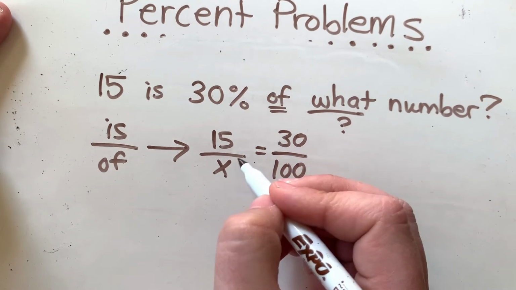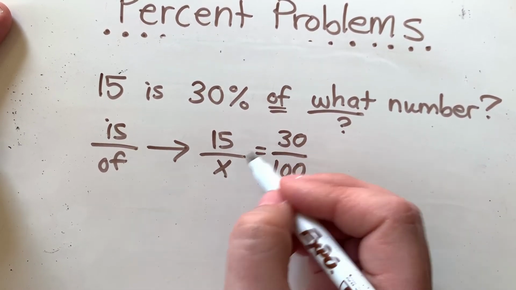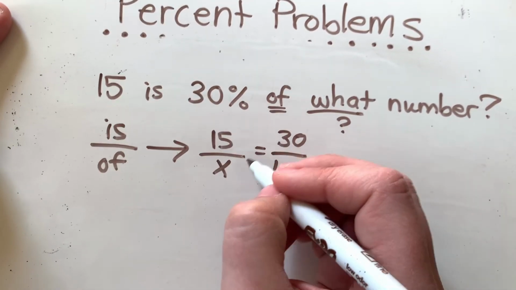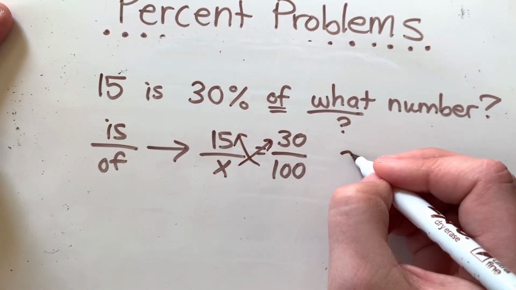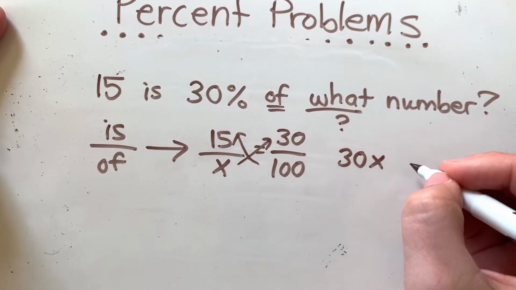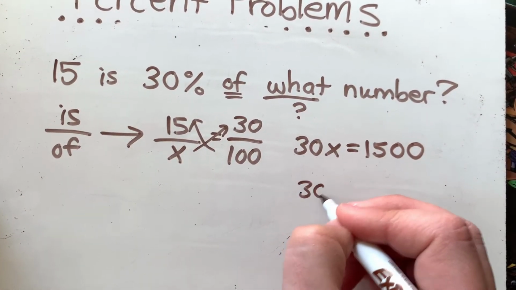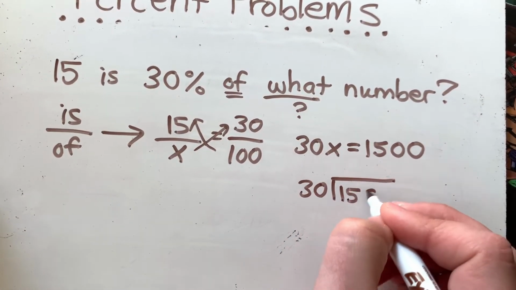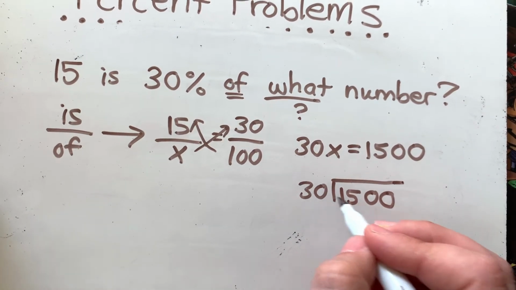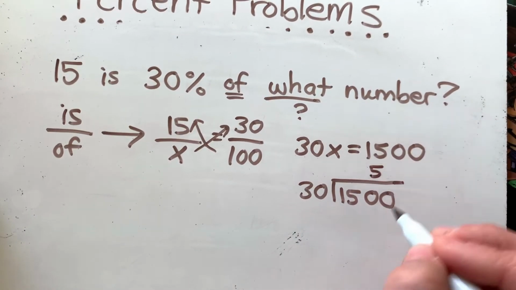And now you can cross multiply, or again, you can simplify if you want. I'm just going to go right into cross multiplication. So 30x equals 1500. I'm going to divide to see how many times 30 goes into 1500. So 30 goes into 150 5 times.